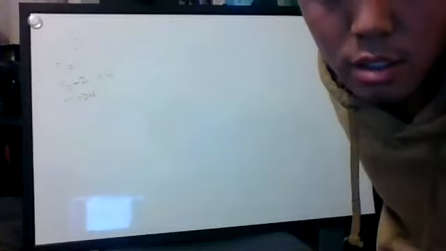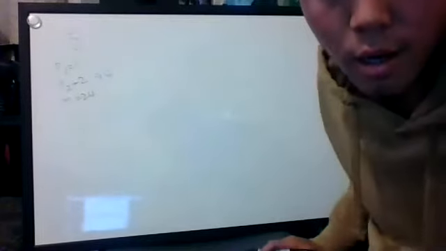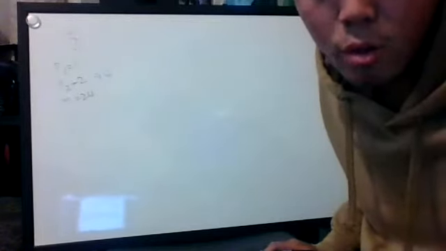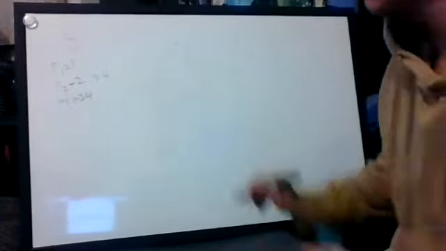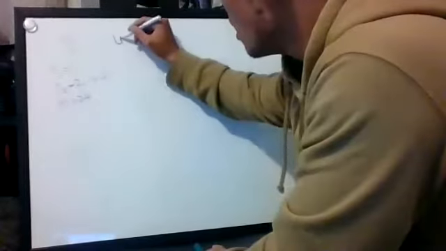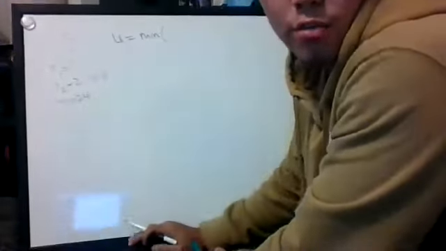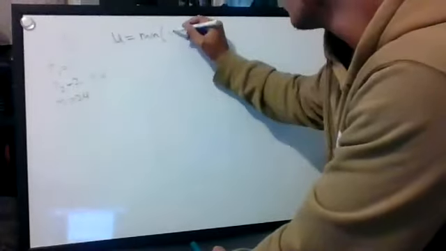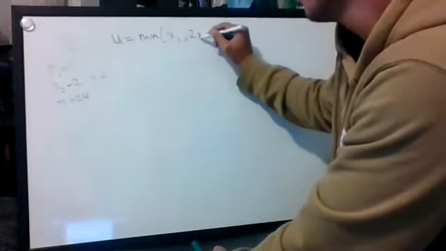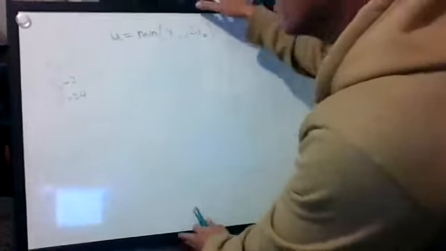So let's take a look at what the utility function is. The utility function, geez, this pen is dying, is equal to the min of x1 comma 2x2.